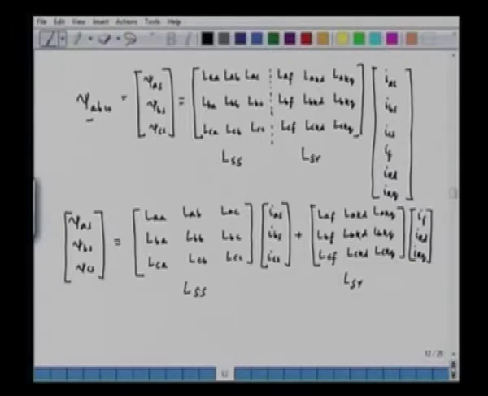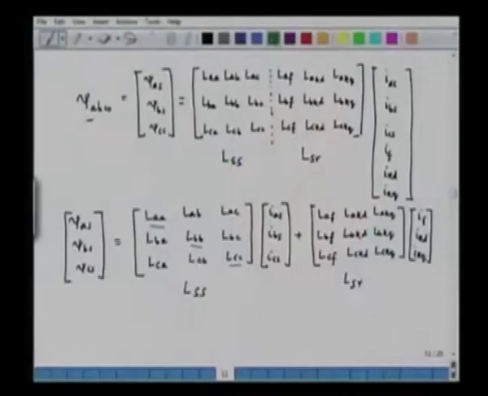When we talk about LSS, we have the diagonal components like this and this. These diagonal components are the self inductance of the individual phases: the self inductance of A with A, the self inductance of B with B and the self inductance of C with C, and there are some off diagonal elements like these ones.